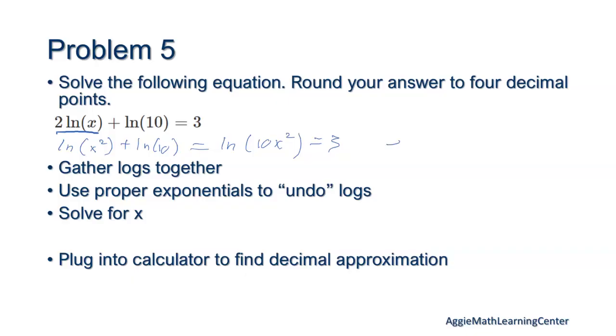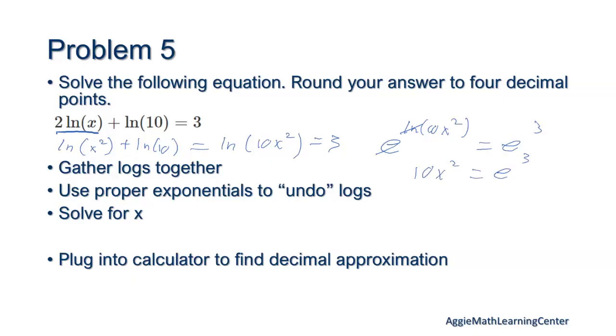So if we had e to the ln of 10x squared equals e cubed, then the e and the ln will cancel, and we'll be left with 10x squared equals e cubed.